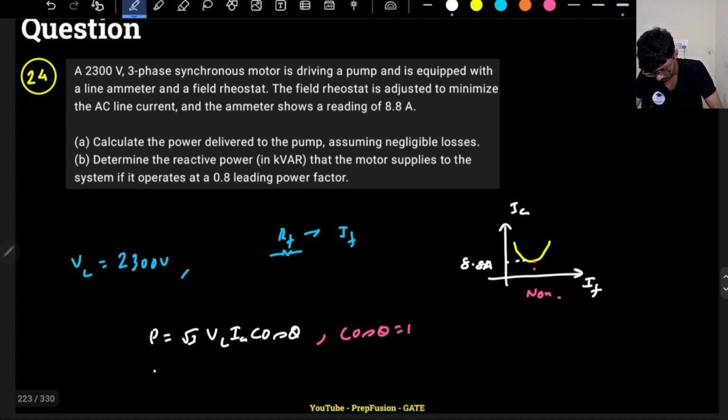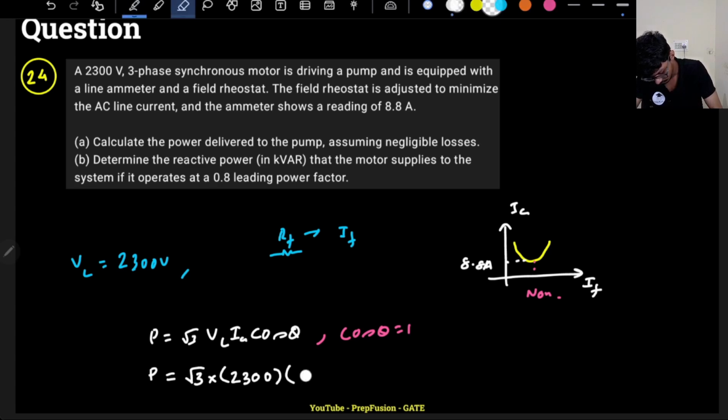So my power will be root 3 into VL, VL is 2300 volts, into IA, which is 8.8, into cos theta, which is 1. So 2300 into 8.8 into root 3 comes out to be 35 kilowatts.